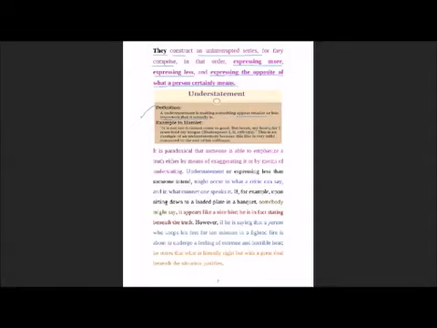So it is paradoxical that someone is able to emphasize a truth, to show reality, clearly, either by means of exaggerating it, or by means of understating, expressing less than should be. One word, two words are enough. This is what we call understatement.